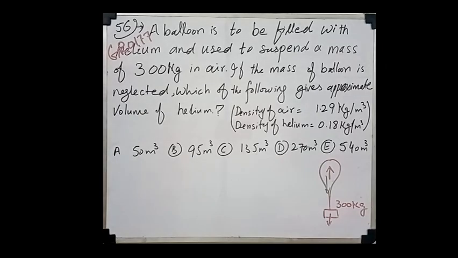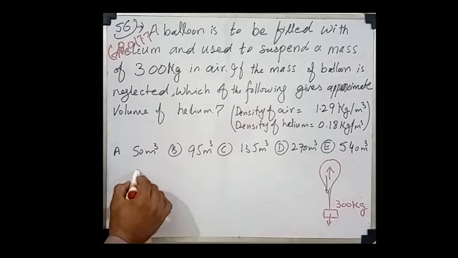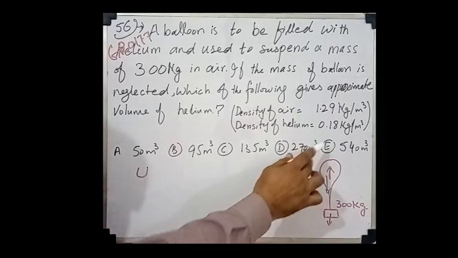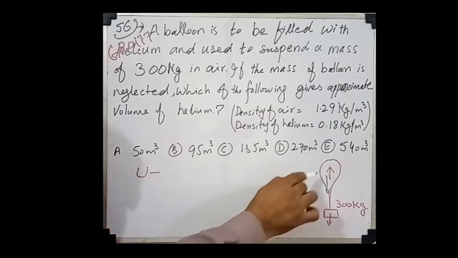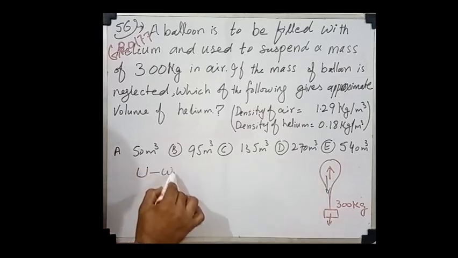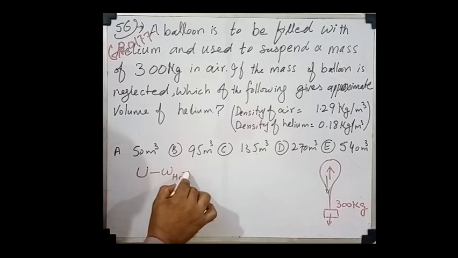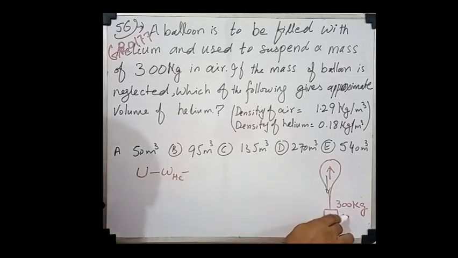So there will be three forces total. The first force is the upthrust force on the balloon. Second is the weight of the helium, and third is the weight of this mass m.